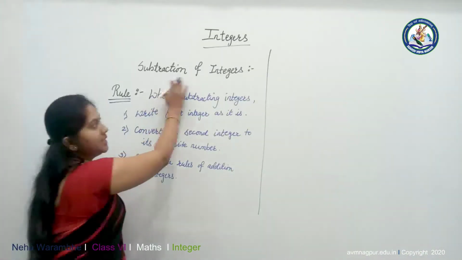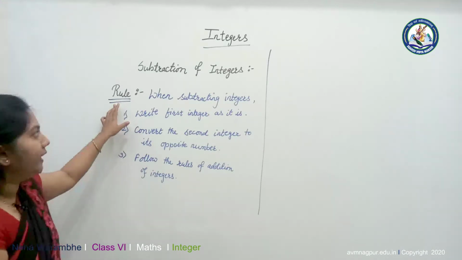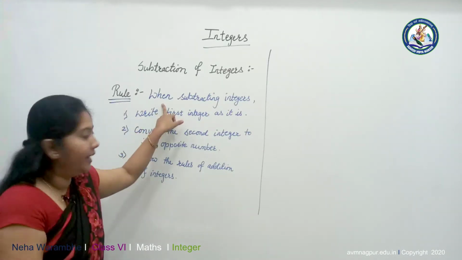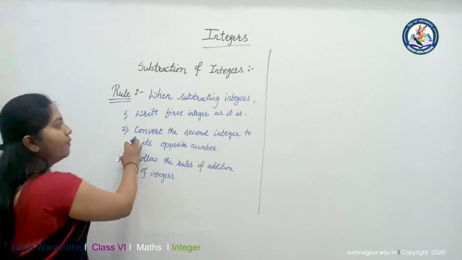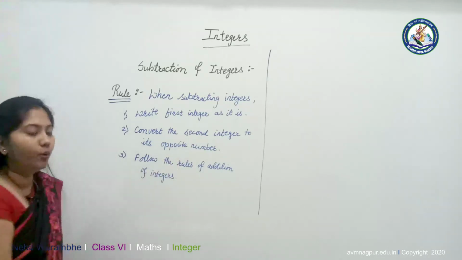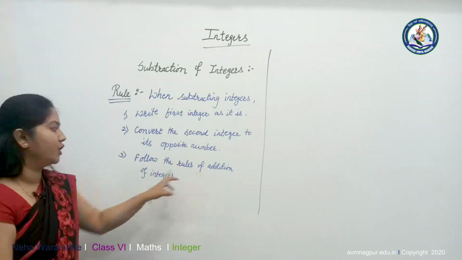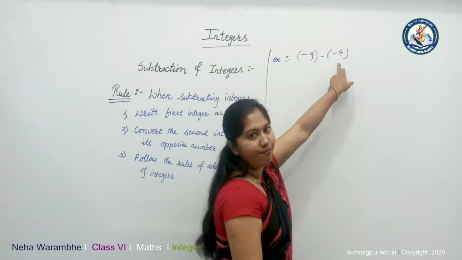The next topic is subtraction of integers. The rules for subtracting integers are: first, write the first integer as it is; second, convert the second integer to its opposite number; and third, follow the rules of addition of integers. For example, minus 9 minus of minus 4.